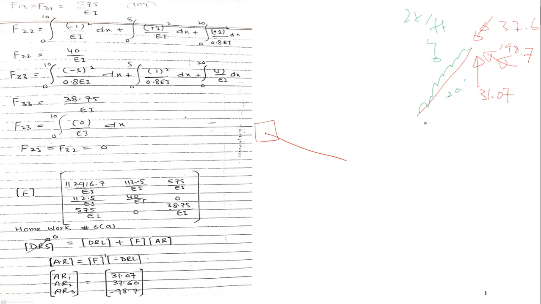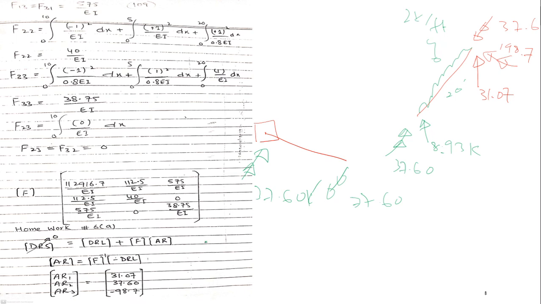It means I have to apply 8.93 kip load. 8.93 plus 31.07 gives us 40. I'm actually balancing it. Okay, this 37.60 would be easily balanced. It would be balanced here, equal and opposite, and it would be balanced here. So I am done with it.